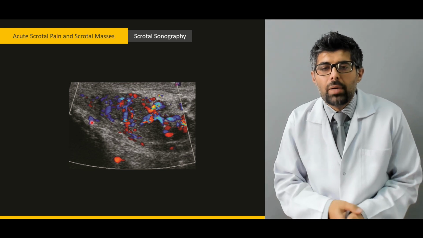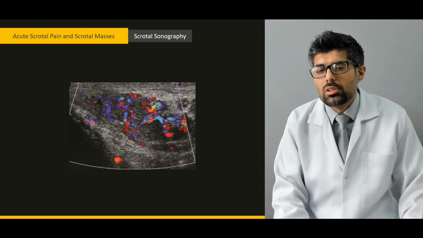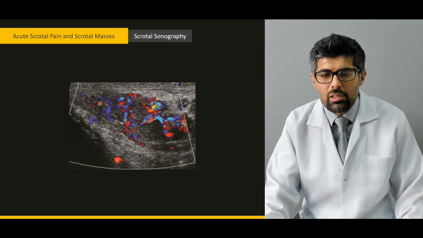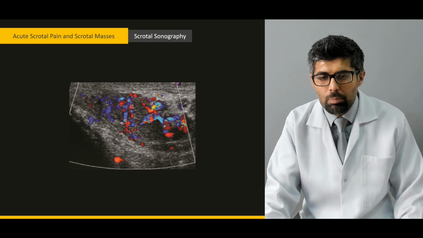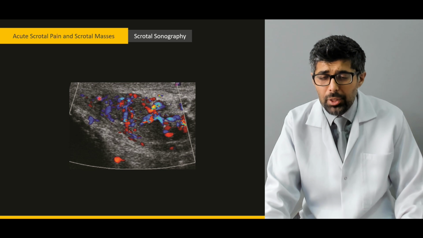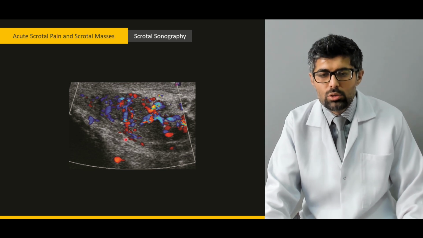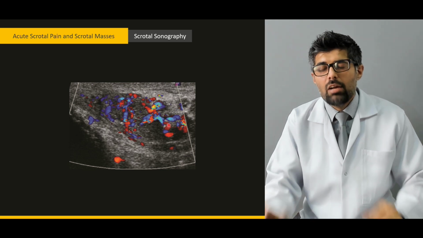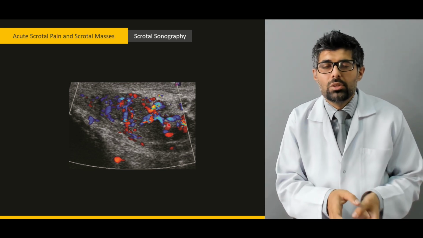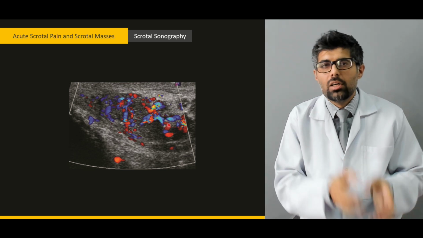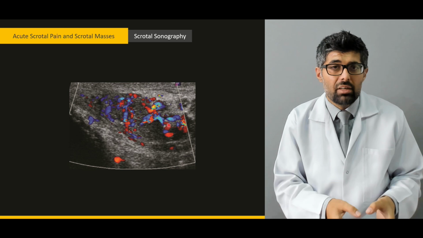Now, here is a comparison. This is an ultrasound of a patient with epididymitis. You can easily find out that the blood flow has increased to this particular testes. So this patient is suffering from epididymitis, and whenever we do a Doppler study of one testes, we always look at the other one for comparison.